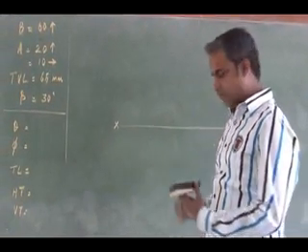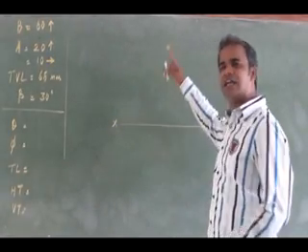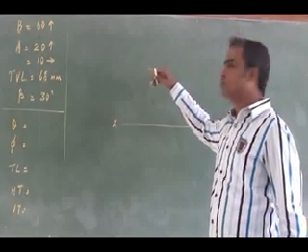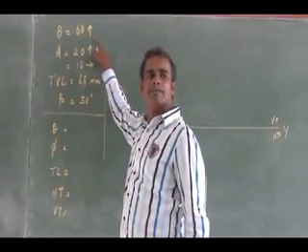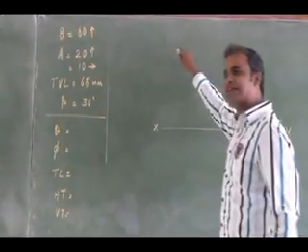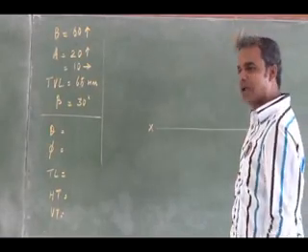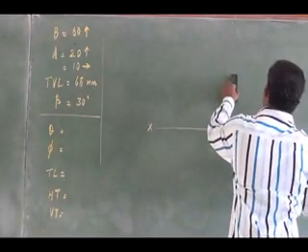You try to mark the data. Right. First of all, the first data is 60 mm, end B. End B is 60 mm above HP. What is that? That is nothing but the data given to draw the locus. The end B is above height, that is 60 mm. So I can mark 60 mm.